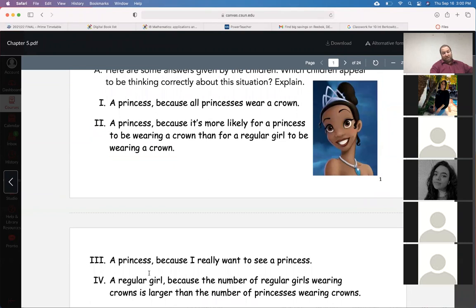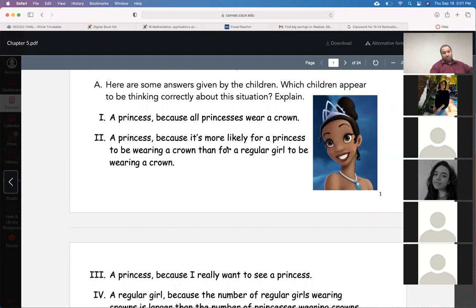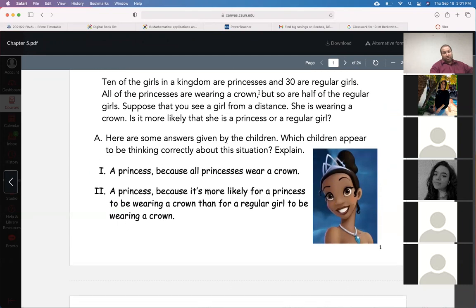And 4 says it's another lady because the number of other ladies wearing a crown is larger than the number of princesses wearing crowns. Right? There's 30 other ladies, 10 princesses. All the princesses wear a crown. Half of the other ladies wear crowns. I see a crown. What is it more likely to be?